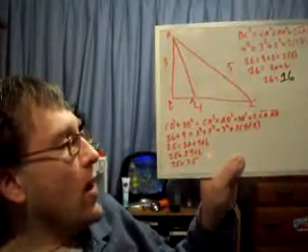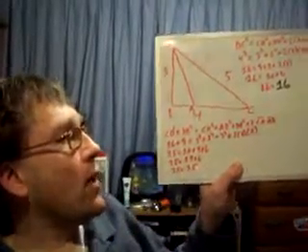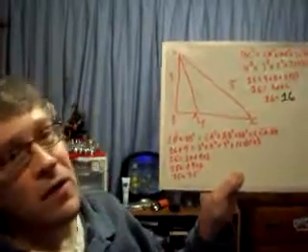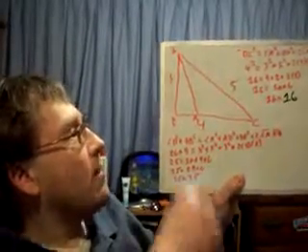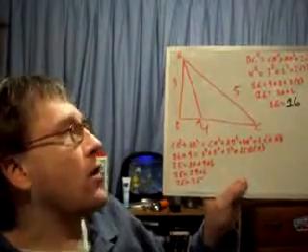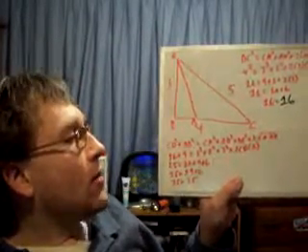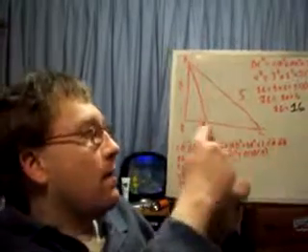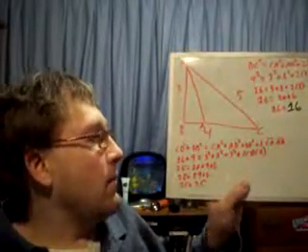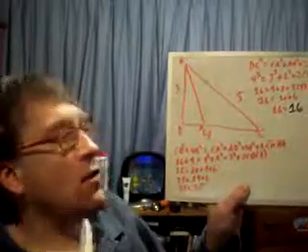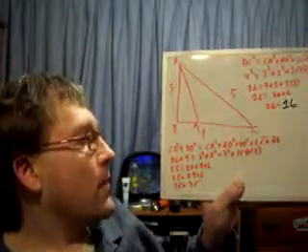Okay. So now we have 16 plus 9. Where did we get the 16? Because CD is the length of 16. Where did we get the 9? Because DB is the length of 3, and 3 squared, of course, is 9. Where did we get the 3 squared? Well, 3 squared is CA. Okay, so that's 9. Where did we get the 1 squared? AD is 1. 1 squared is 1.